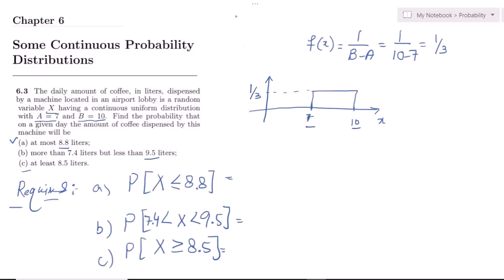Okay, so now solving it, let me use this color. So if I have here this 8.8, what is this? We have to find the probability of this area, while the overall area is here. So in all of this area, finding this area, what do we have to do? We have to multiply this width with this height.